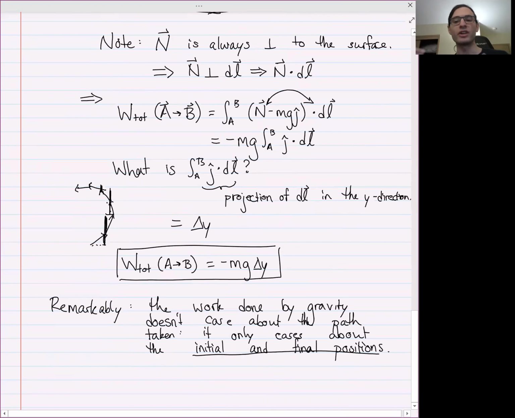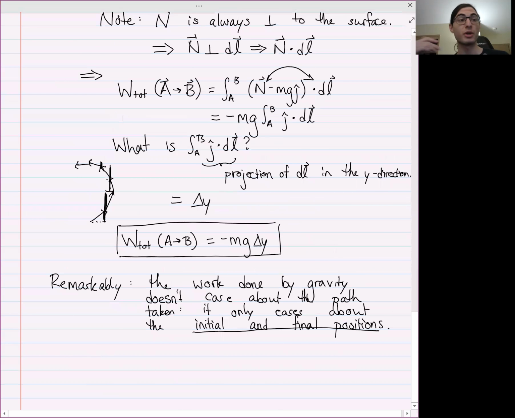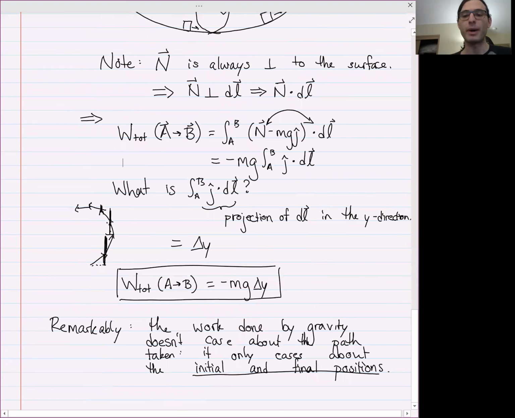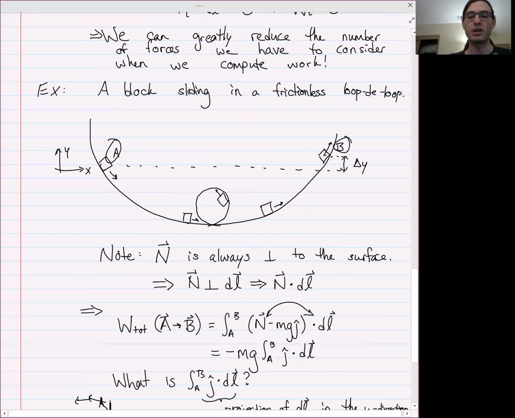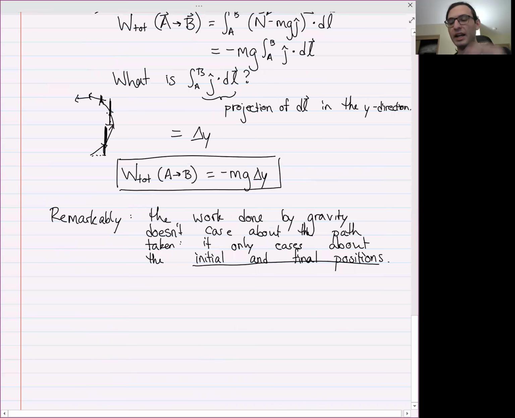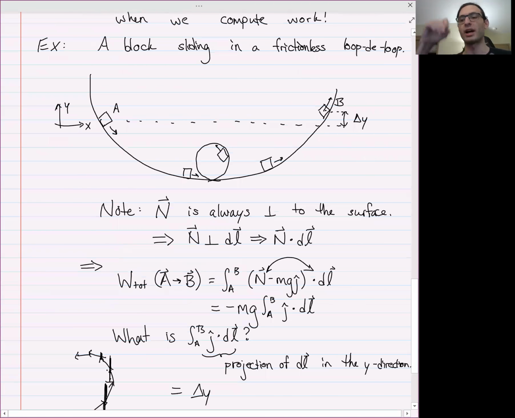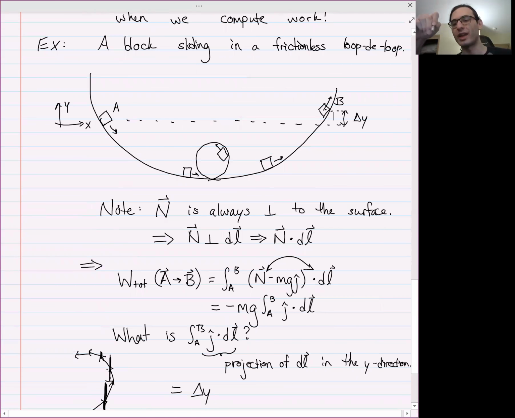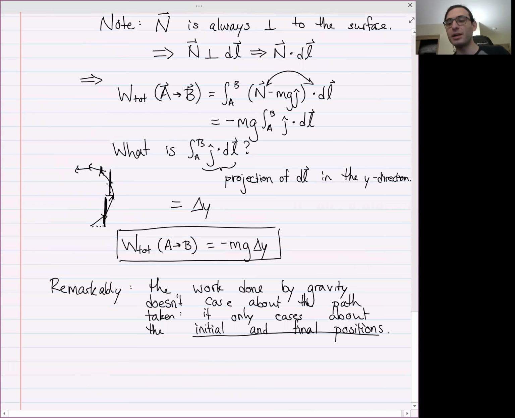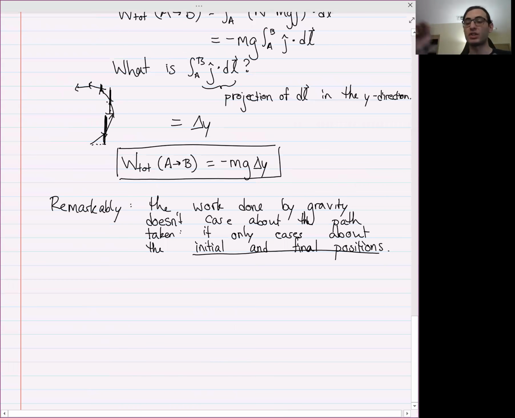And so what we found is that the work done by gravity only cared about where the object started, A, and where it ended, B, because that gives us enough information to find delta y. And it doesn't matter that there was a loop-de-loop in the middle, because any amount that it went up during the loop-de-loop, it also went down that much, right? So it could have been any confusing path that it took.